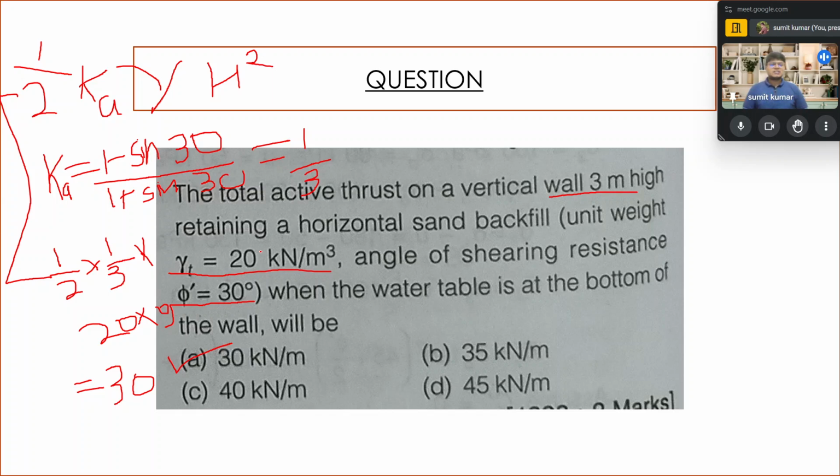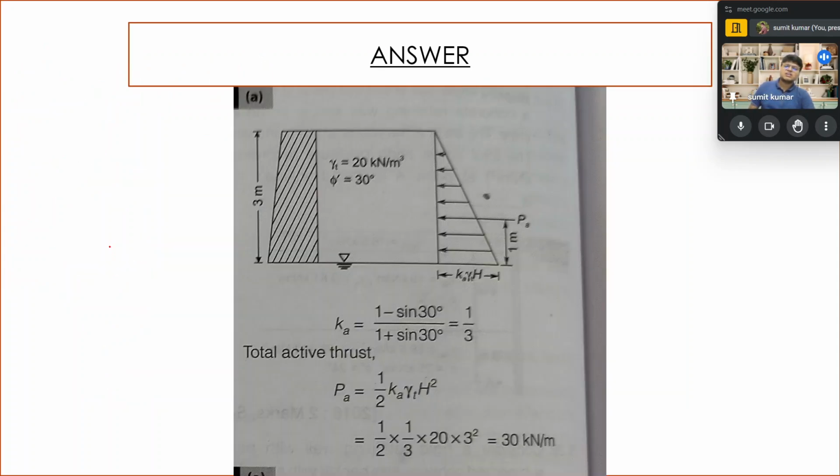So it becomes 1 by 2 into 1 by 3 multiplied by gamma 20 into h square, 3 into 3, that is 9. When we calculate, the value comes to be 30 kilonewton per meter, which is our correct answer. So option A is the correct answer for the given problem. In the explanation, a similar diagram has been shown over here.